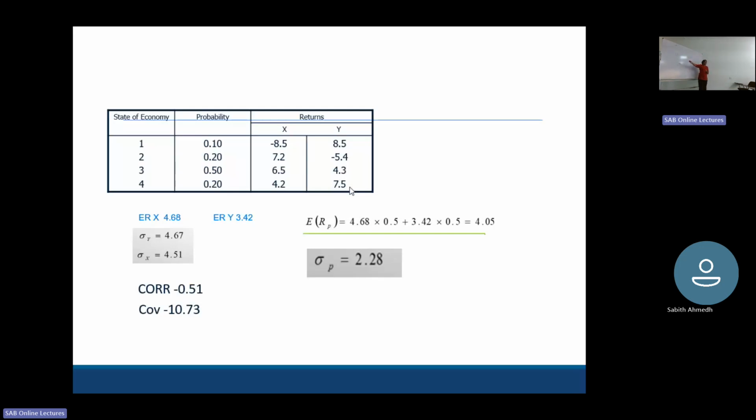The closer this correlation coefficient is to negative one, the higher the diversification benefit. In this case, it is very close to negative one because it is minus 0.51. So therefore, your risk diversification benefit is high. Your portfolio standard deviation is 2.28.